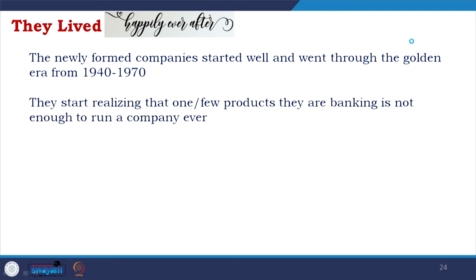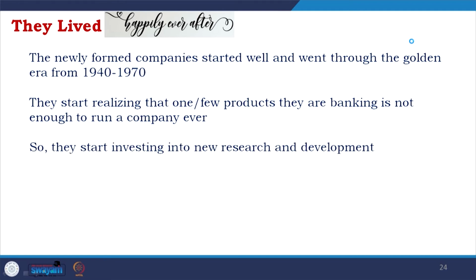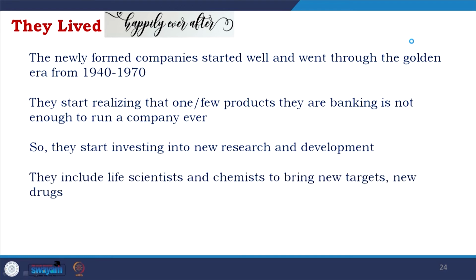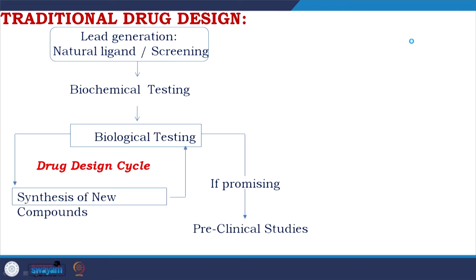They started realizing that one or a few products they were banking on was not enough to run a company forever. So, they started investing in new research and development. They included life scientists and chemists to bring new targets, new drugs, so that they could patent and continue the industry. But they faced challenges.